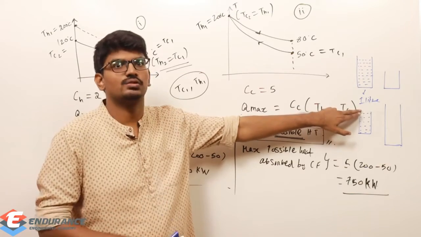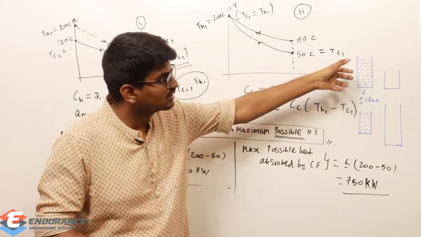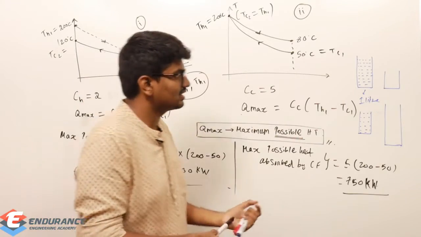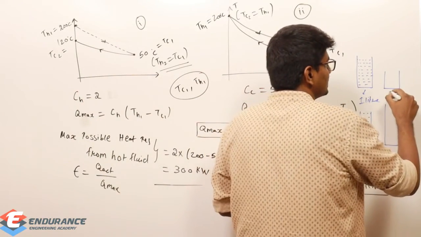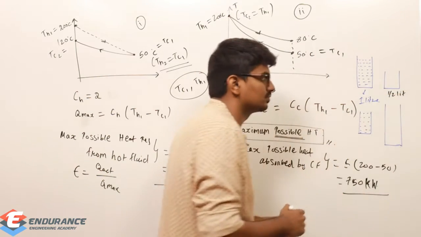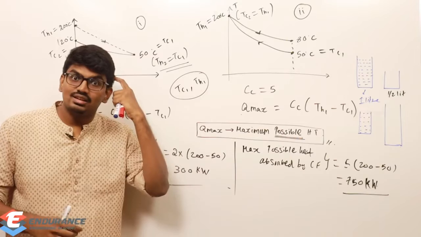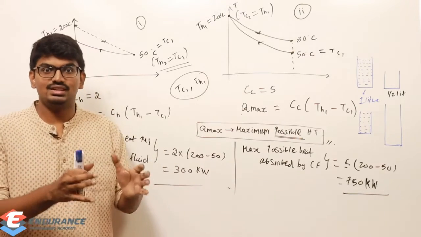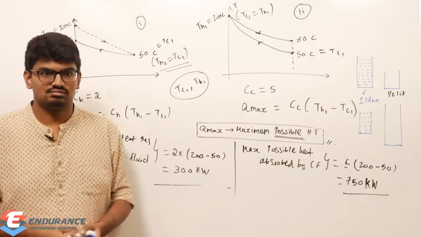I need to pour it into a small glass, and let us consider the small glass capacity was only half a liter. Now, will I be able to pour all that 1 liter inside that half-liter glass?